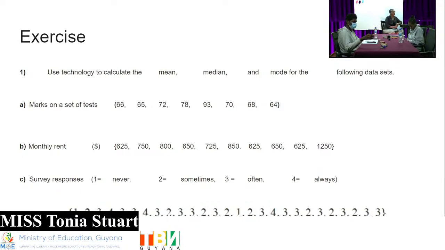So copy A. Write down A. So we have 66, 65, 72, 78, 93, 70, 68, 64.